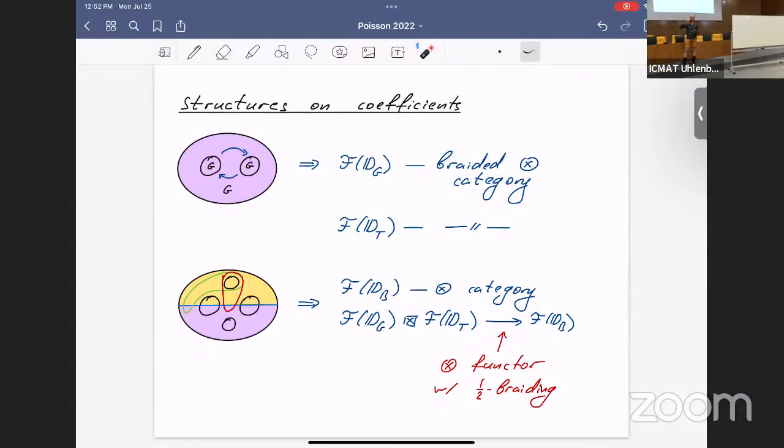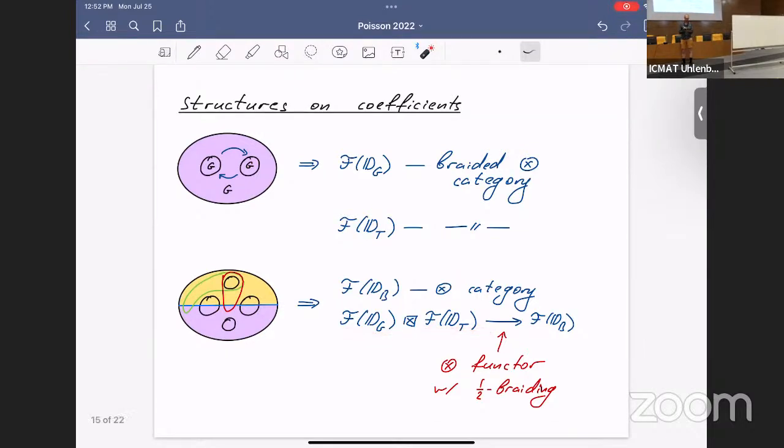Now, what about B disks? Well, if we take two B disks over here, obviously we cannot now rotate them around one another. So it's not braided, but it's still monoidal because we can include two B disks into a B disk. But moreover, it receives a monoidal functor from the standard product of the categories of this and that, right?